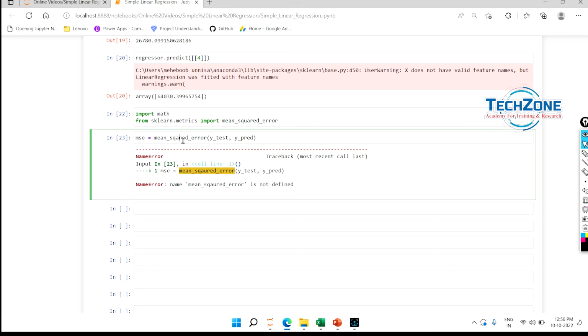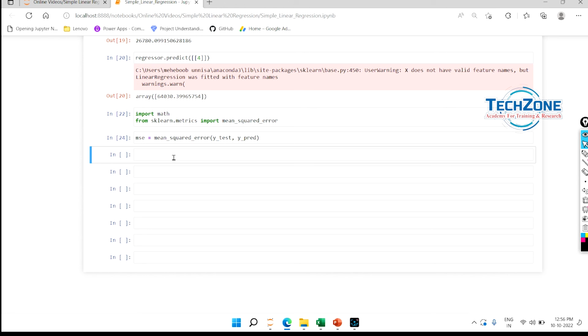Spelling mistake again, my bad, squared. Now let us find root mean squared error. What is root mean squared error? We need to find the square root of this MSE, right? So for that we have imported math. math.sqrt will find the square root of MSE.